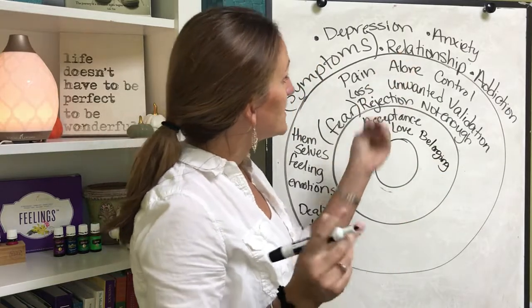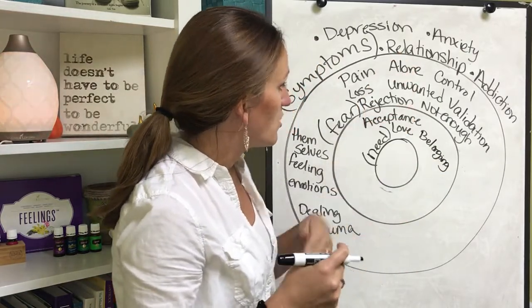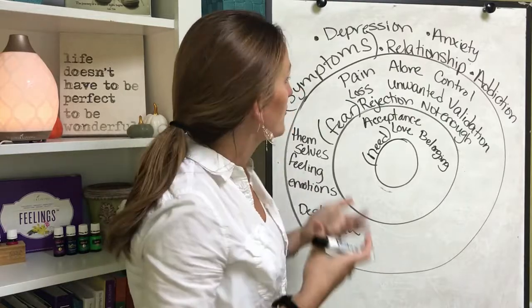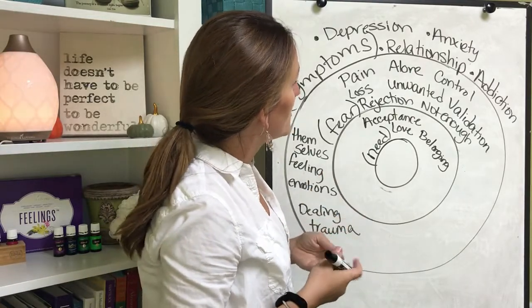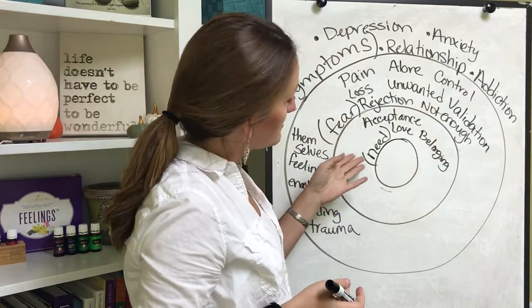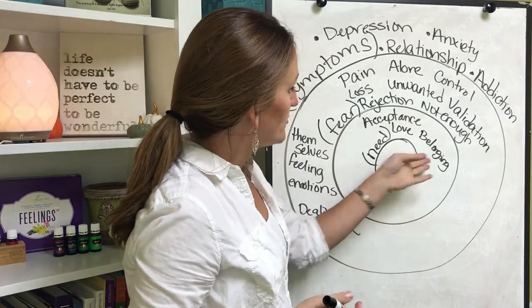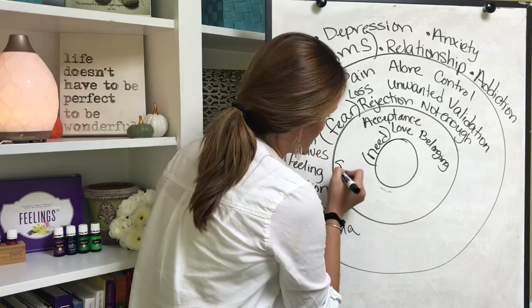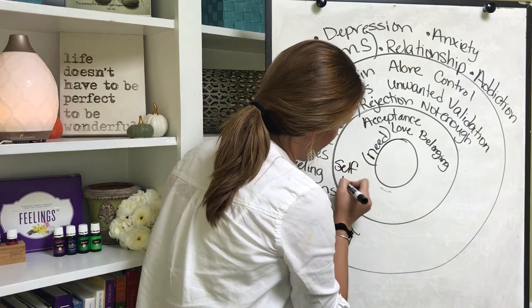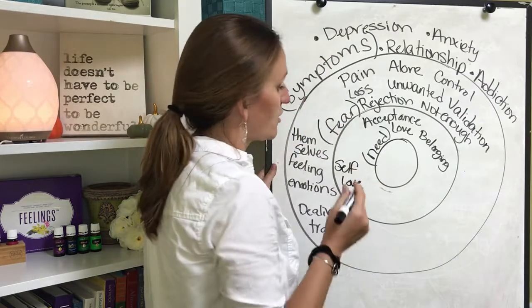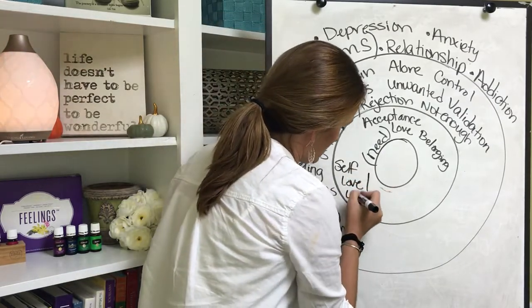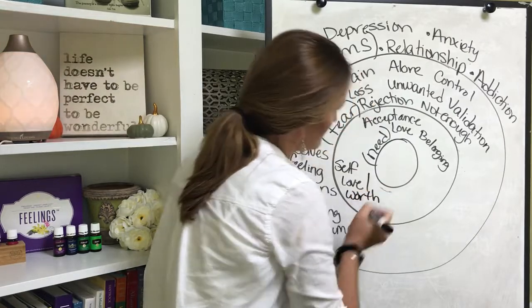belonging, the fear in your relationships of being alone or unwanted or not enough for your family or those people you care about. The need, again, might also be love or belonging, but it might also be self-love, self-worth, or self-acceptance.